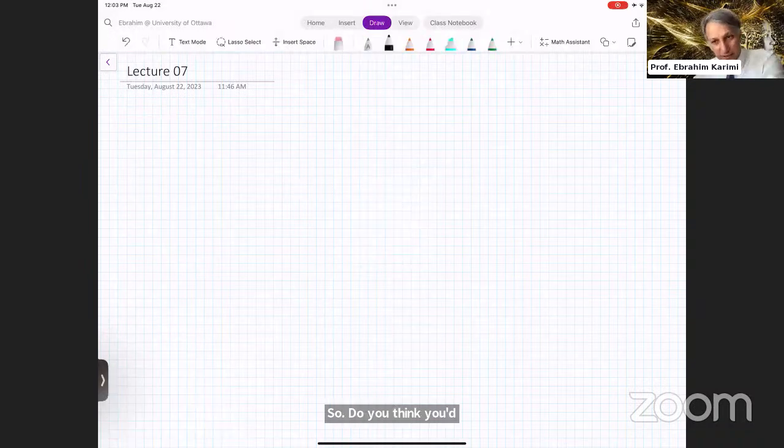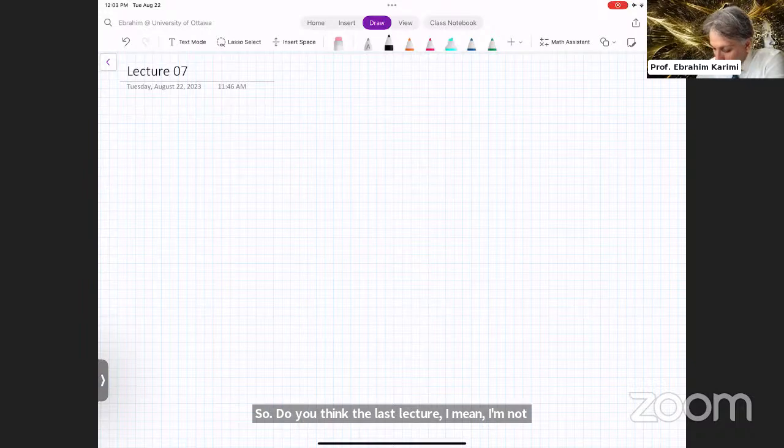During the last lecture, I'm not reviewing, but I will just go to the point that we got a very important equation: the Laplacian of the potential.